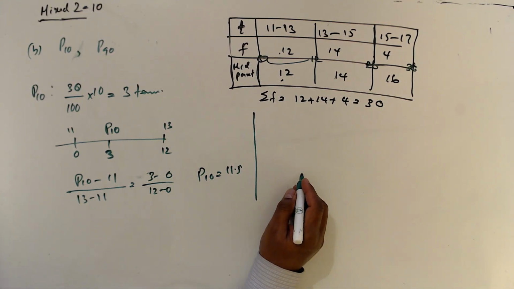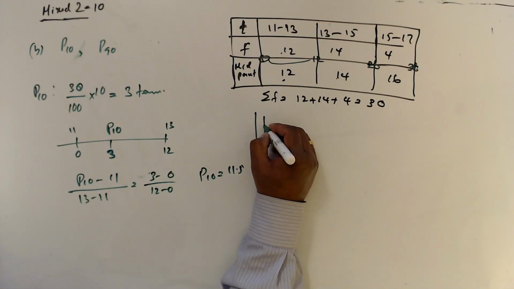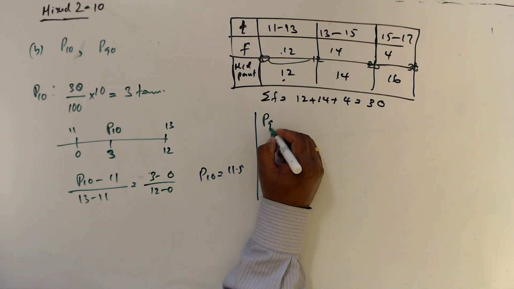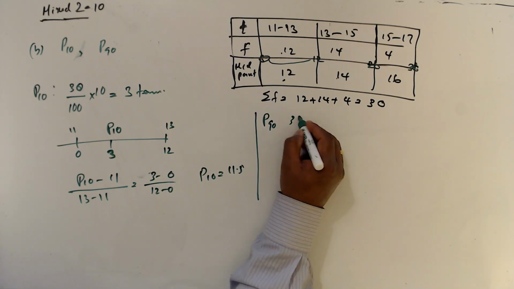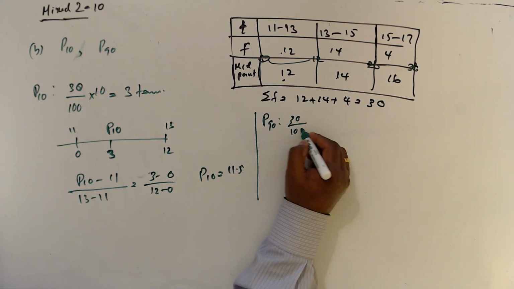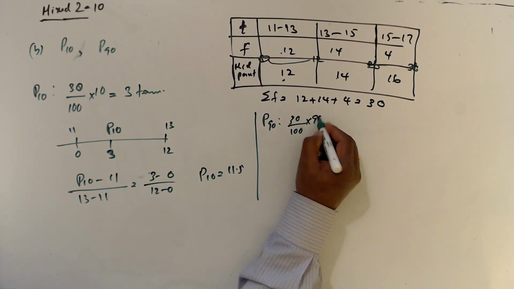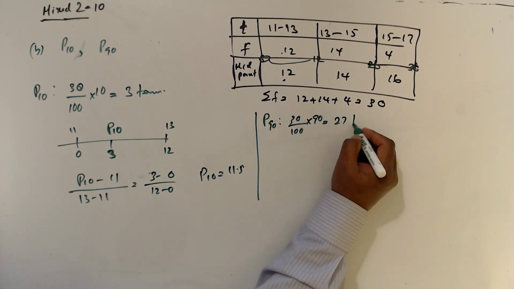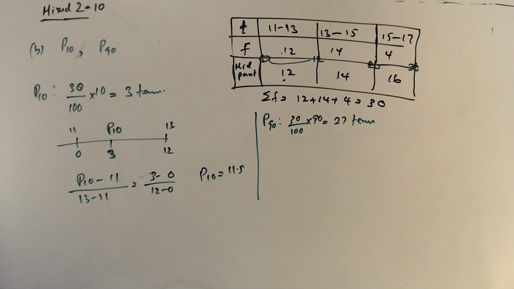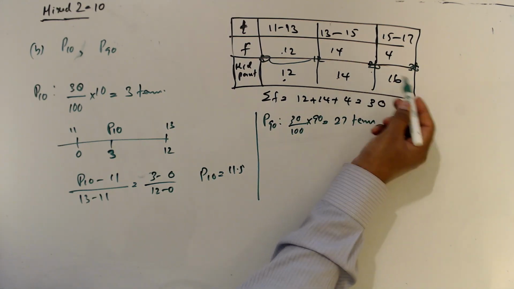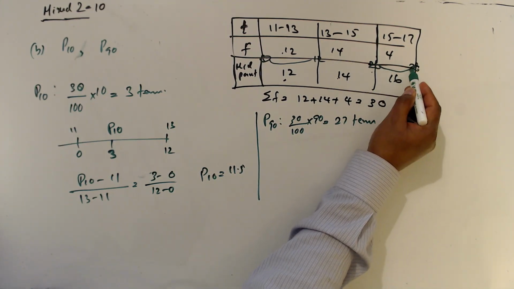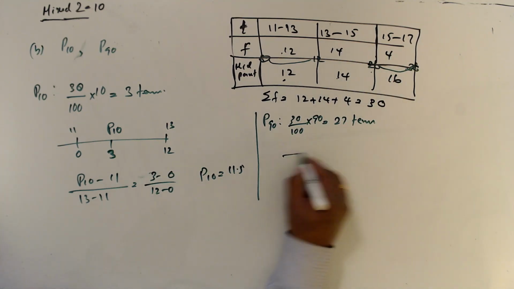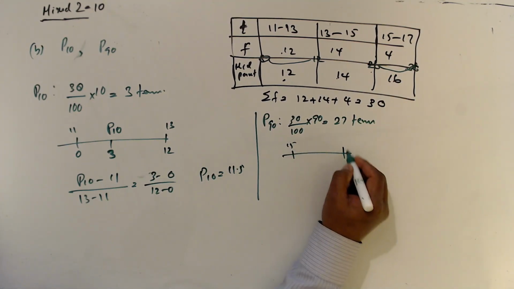Then we need P90. So 30 divided by 100 pieces, and I need 90. So this is going to be the 27th term. 27 is beyond 26 here, so it is in this class, 15 to 17.